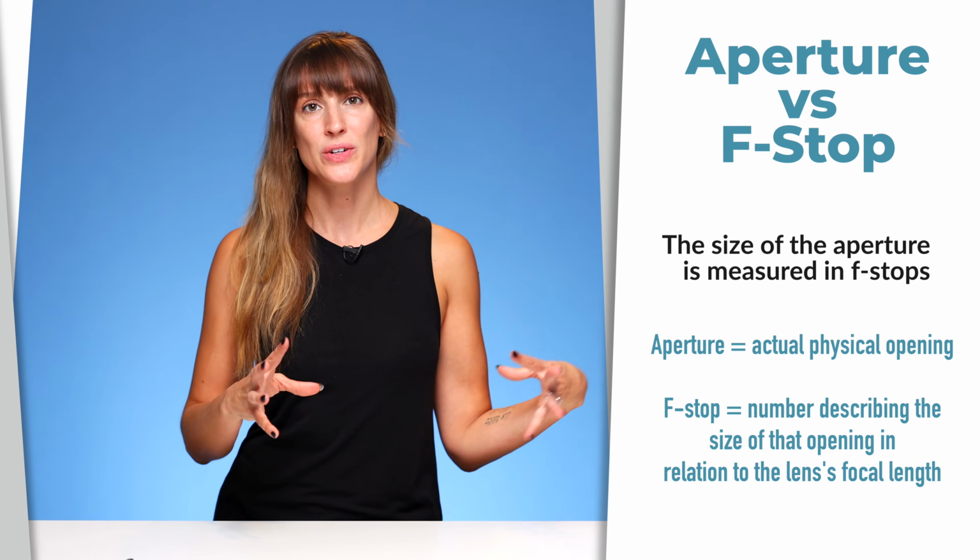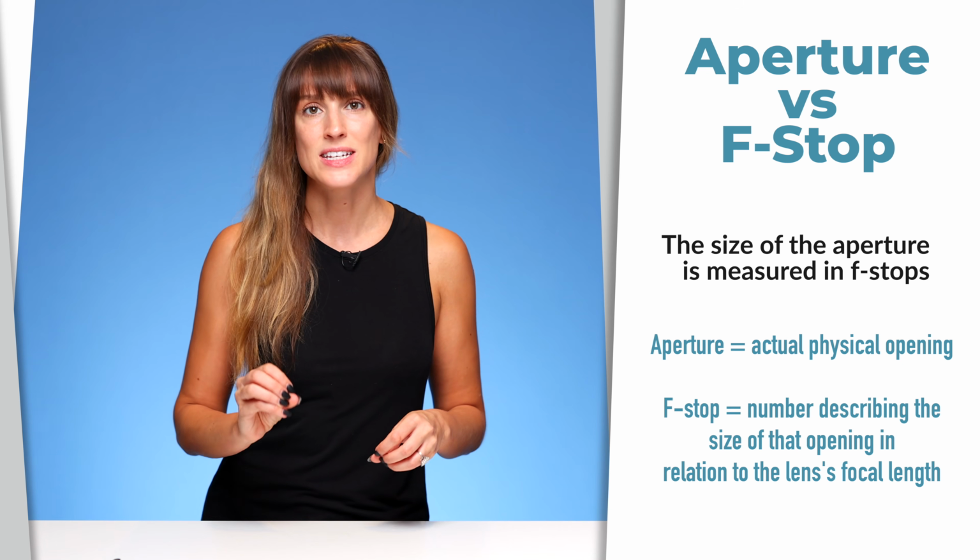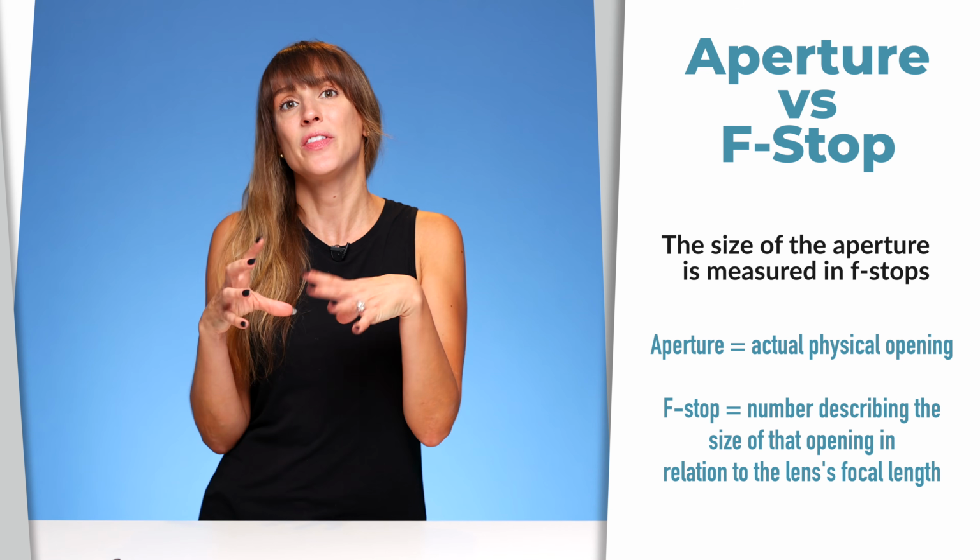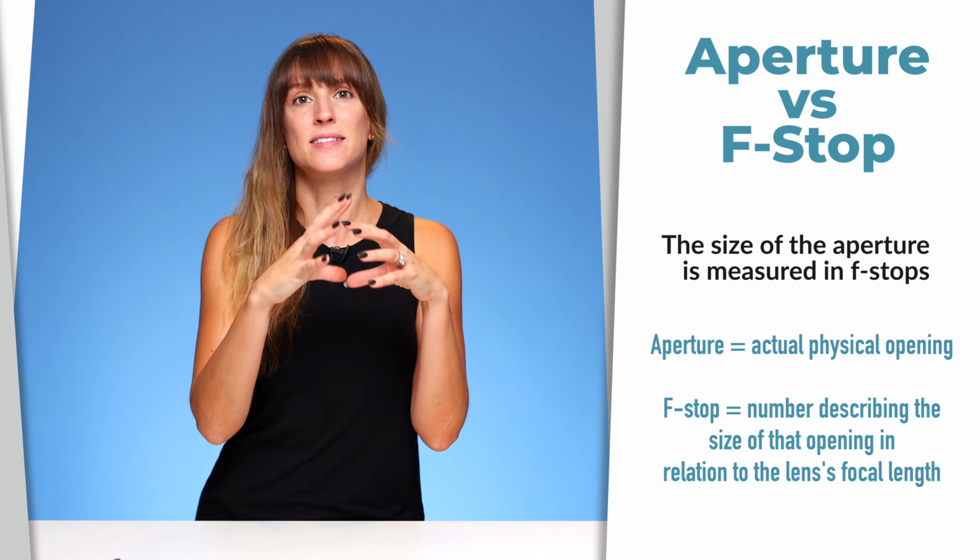It's pretty fun to look at the effects of varying f-stops. So let's talk about what an f-stop is. F-stop and aperture pretty much mean the same thing. The f-stop is the actual setting there, and the aperture is the thing that does the setting.